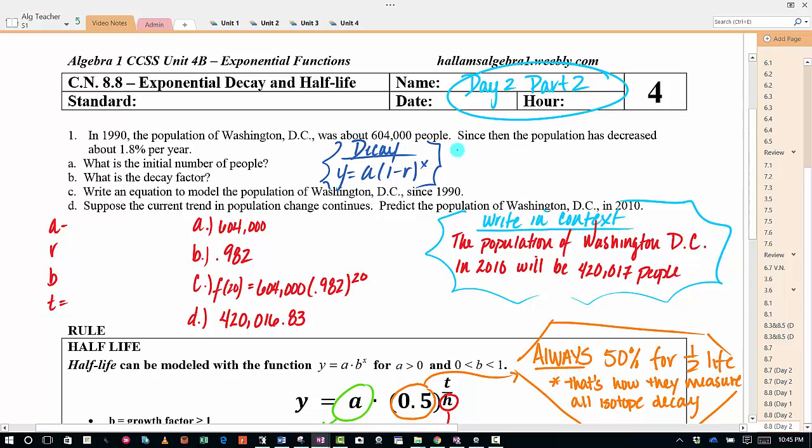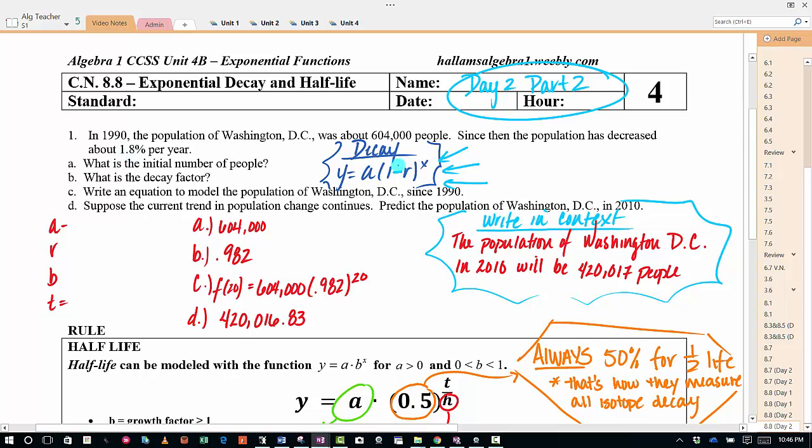First, you should always start off by writing down your base formula. We've got a few now, and we'll recap that at the end. But here we've got the decay formula. And remember, the difference between a decay and a growth is just one thing, and that's a subtraction sign. So we're taking 100% of the original and subtracting off the rate that it's decaying at, which sounds weird because it's decaying at 1.8%.